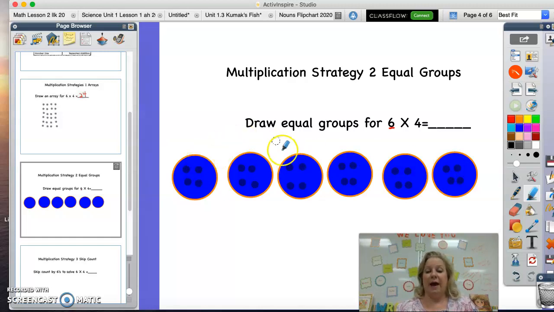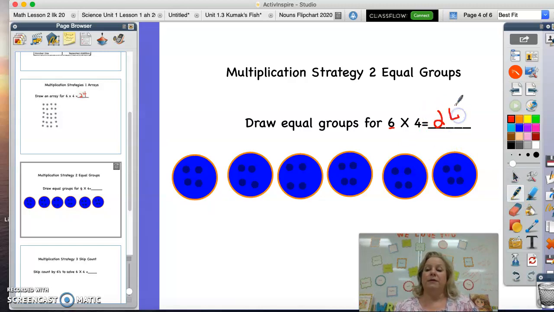So I can come in and I can add, and I know 4 plus 4 is 8, another 4 is 12, another 4 is 16, another 4 is 20, and then another 4 is 24. So I know my answer is 24.